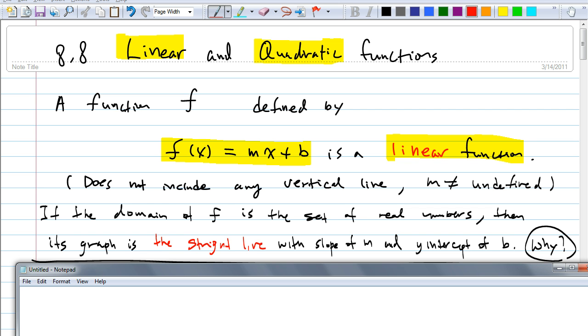Remember that, right, guys? This is kind of a summary of what we just talked about. If the domain of f is the set of real numbers, what's the graph of this function look like? Yeah, a straight line. So we get a straight line with slope of m and y-intercept b.